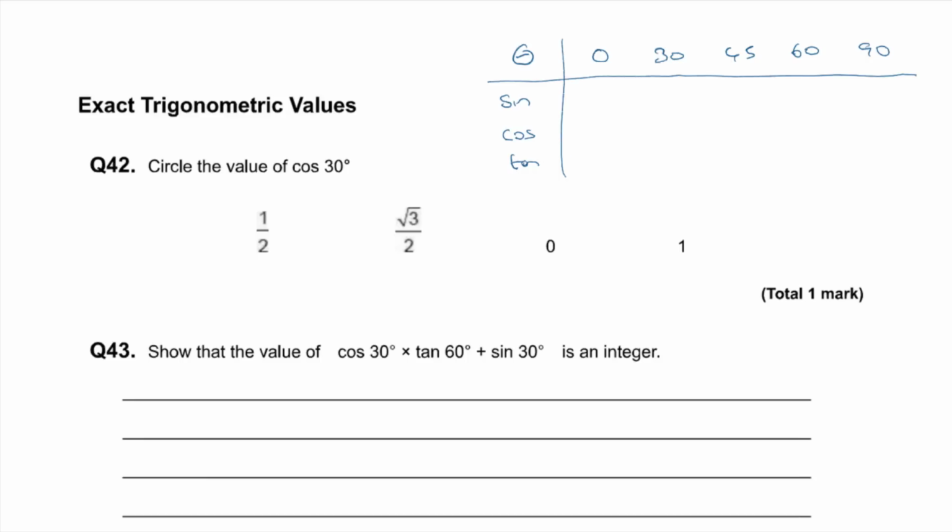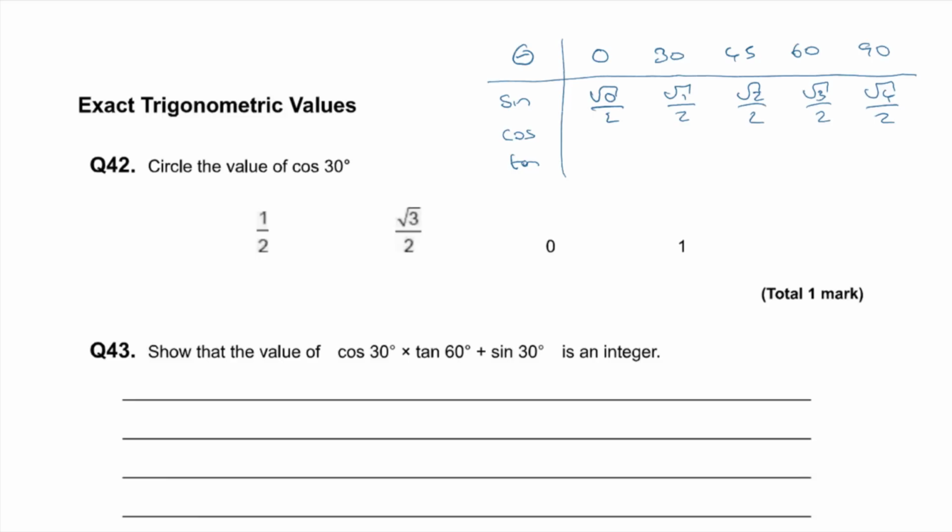Okay, so what I do is I just take the numbers root 0, root 1, root 2, root 3, root 4. Can you remember that? 0, 1, 2, 3, 4. Put a root sign over it, and then put all those over 2, over 2, over 2, over 2, over 2. They're your sine values.